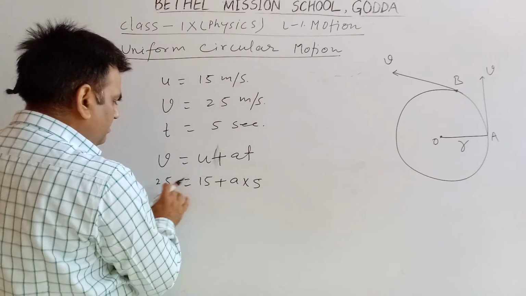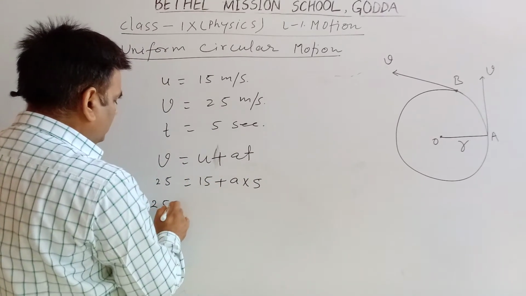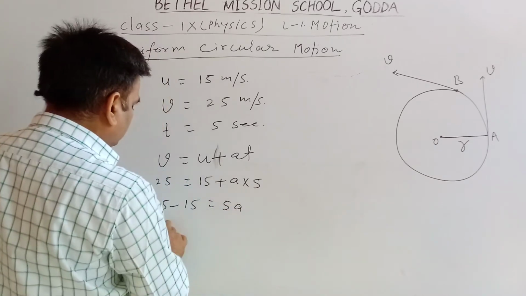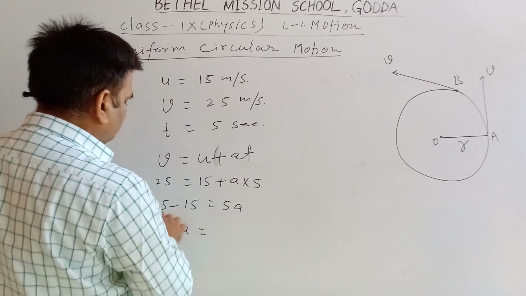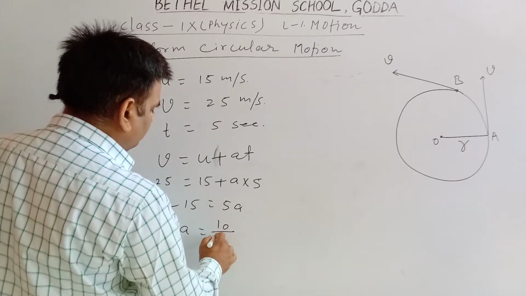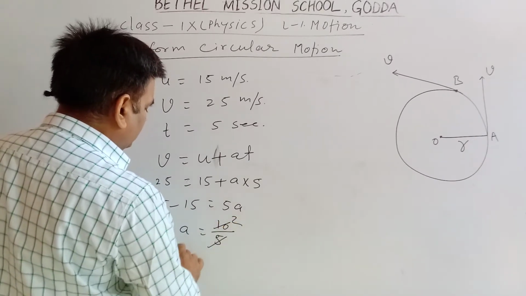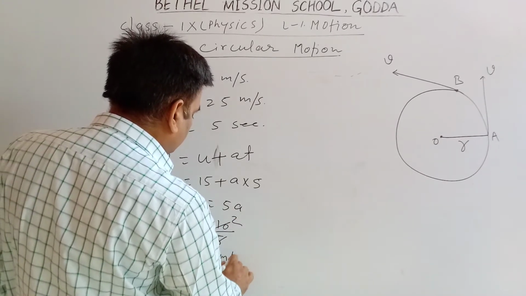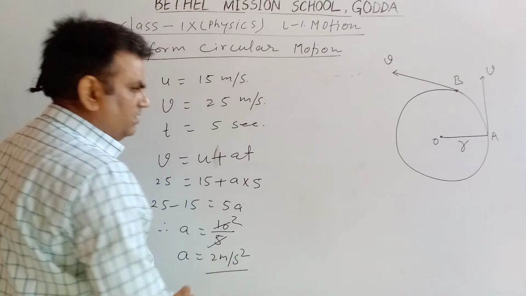So this 15 will come to this side. So 25 minus 15 equals 5a. Therefore a equals (25 minus 15) by 5, that is 10 by 5. Therefore acceleration equals 2 meter per second squared.